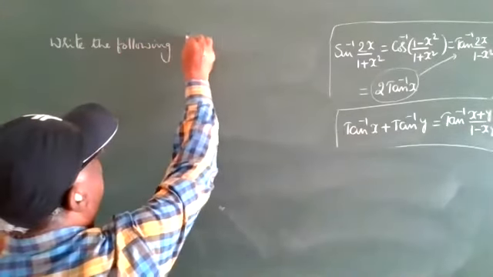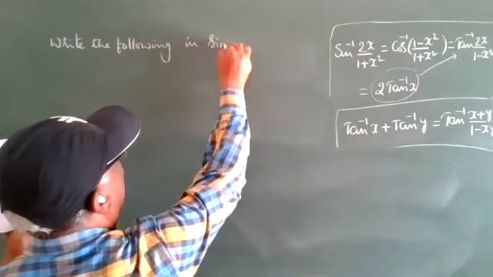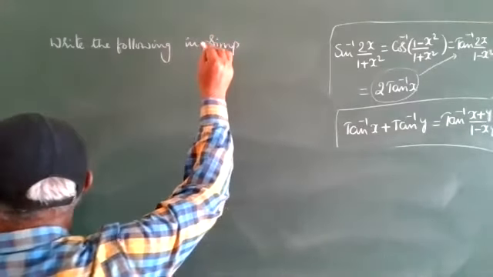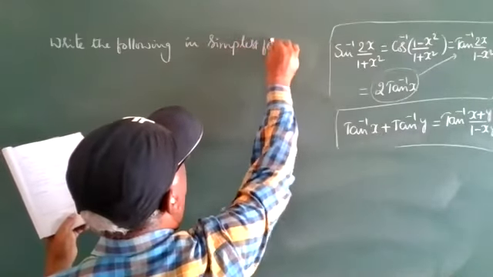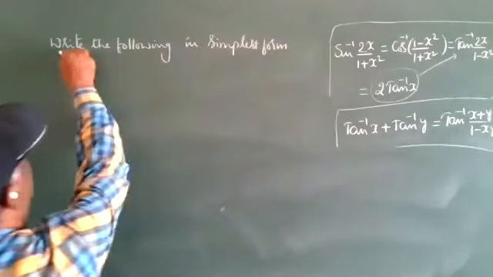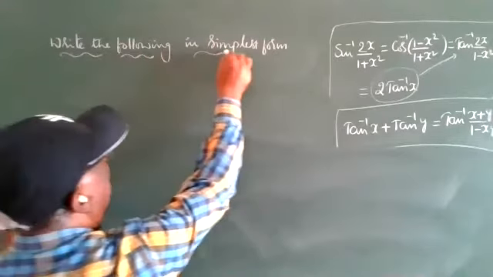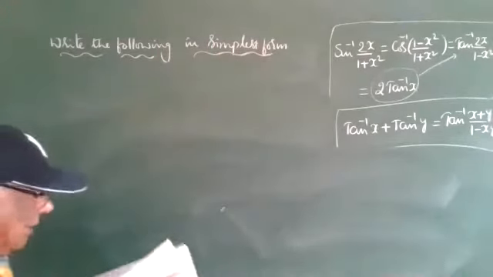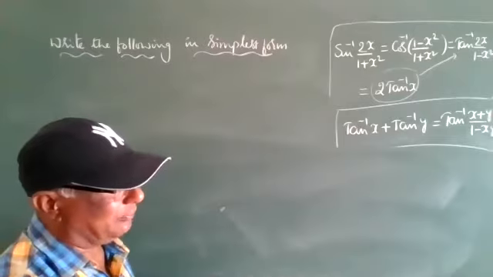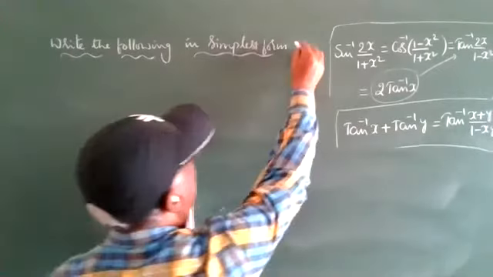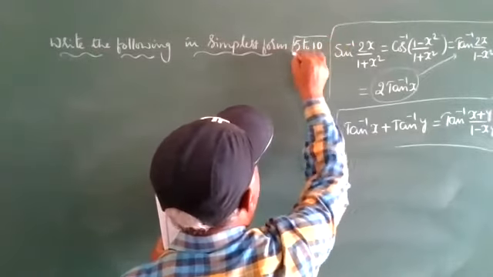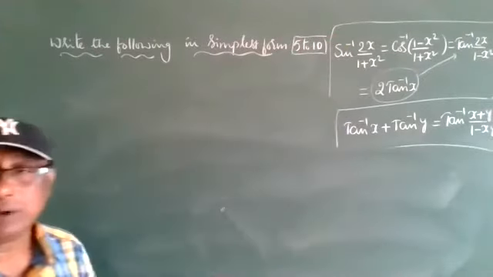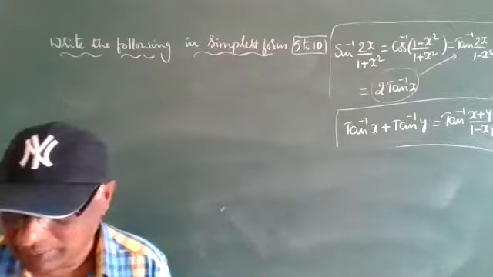In simplest form means we have to make the problem very simple. Up to how many problems is given? For the 5 to 10 problems, we have to make them in simplest form.